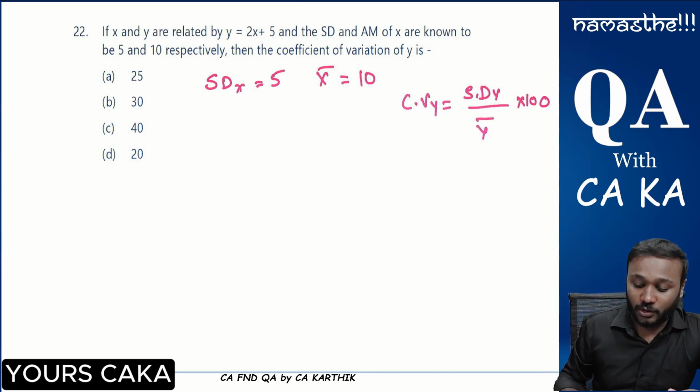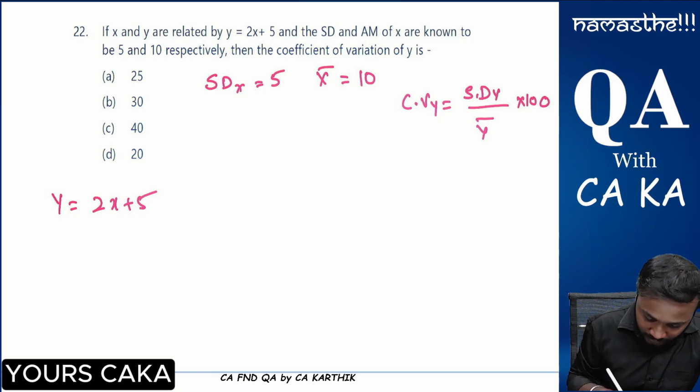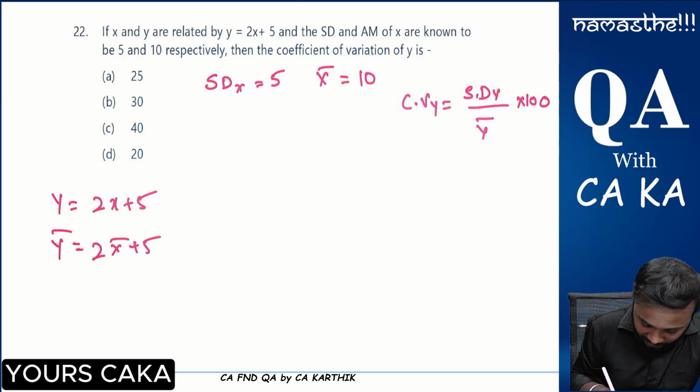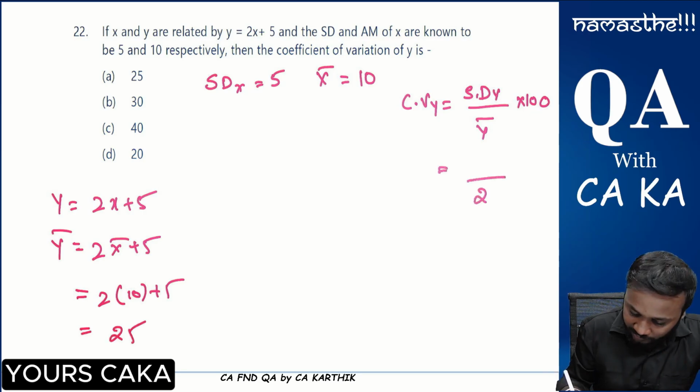Whenever you are given the mean x bar and standard deviation of x, you can find y. So take the equation y is equal to 2x plus 5. You need y bar, so y bar is equal to 2 into x bar plus 5. 2 into 10 is 20, plus 5 is 25. So I got the value 25 in the denominator.